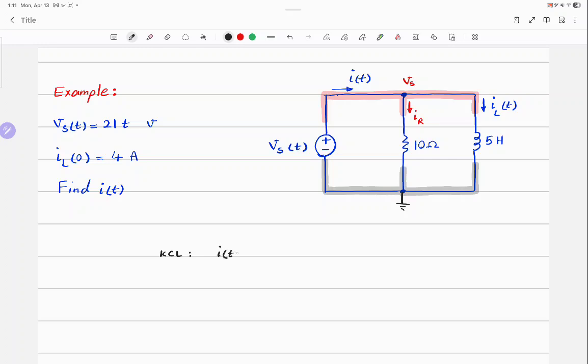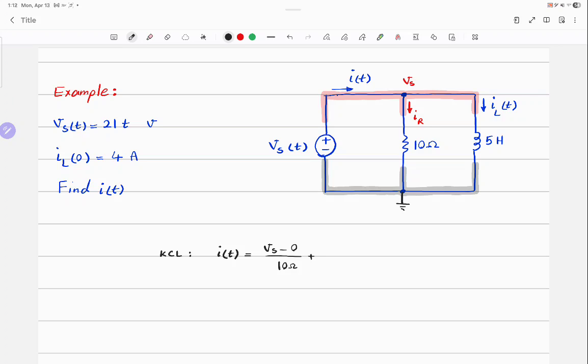Do you agree? I is equal to the current in the middle branch: VS minus 0 over 10 ohms, plus what's the other current? VS minus 0 over 5?